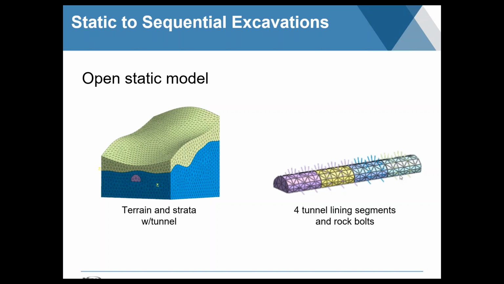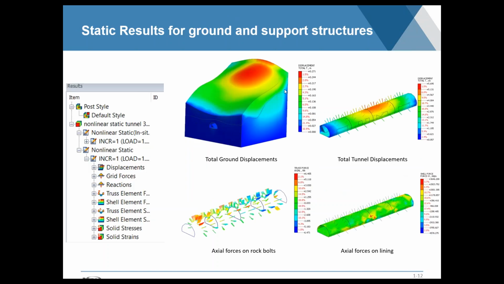But then we simulated just a static case where, let's say, it was a long term after the tunnel had been there for a while, more or less what the stresses will look like on the lining and maybe the ground conditions. But because it was a static case, the main focus of the results is clearly on the terrain, the slope in this particular model.